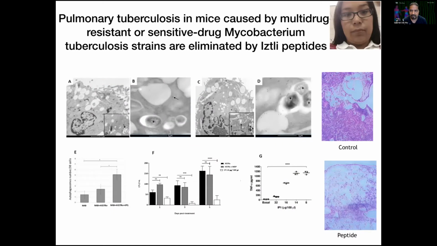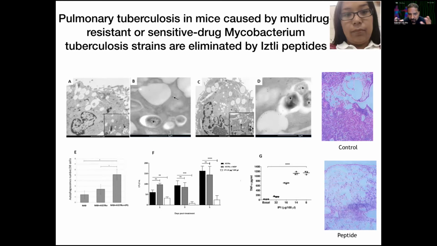To test this, Jacqueline, whom you see on the right side of this slide, performed several experiments. The first experiment that she did is the evaluation of the capacity of these peptides to kill Mycobacterium tuberculosis in isolation, that is, in culture.